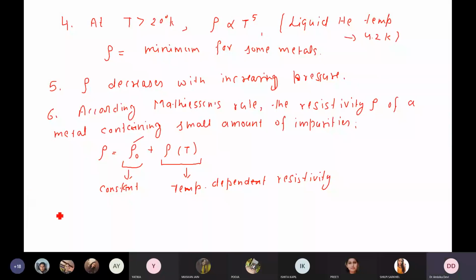And then the seventh feature is that the resistivity of alloys which exhibit order-disorder transitions shows pronounced minima corresponding to the ordered phases. There are some materials which exhibit order and disorder transitions. For example, selenium has a phase change phenomenon.